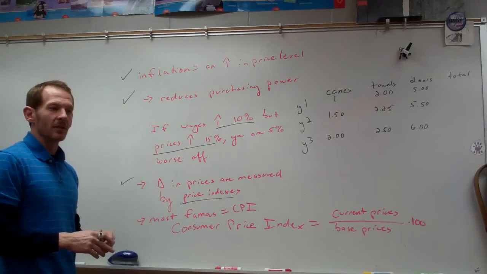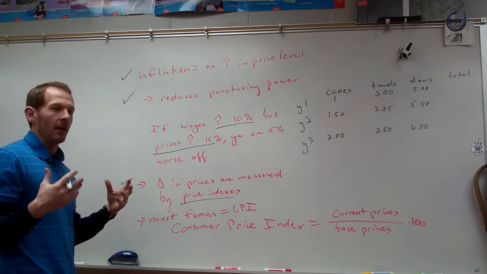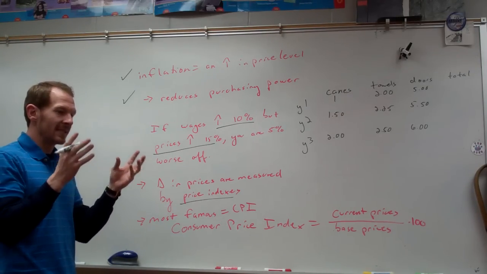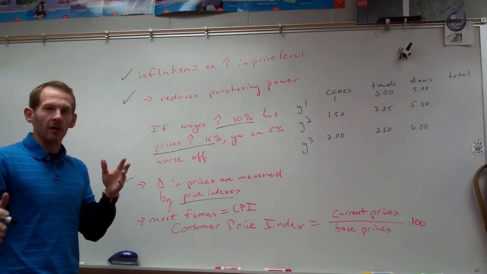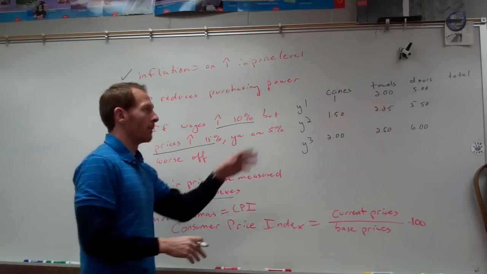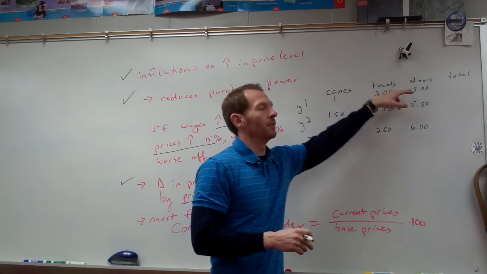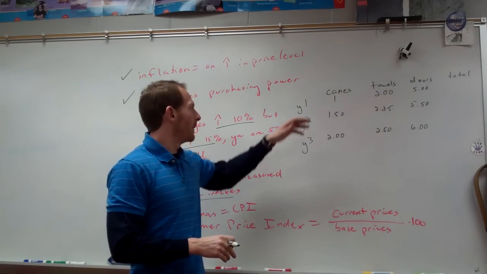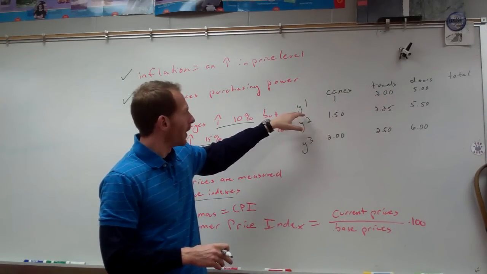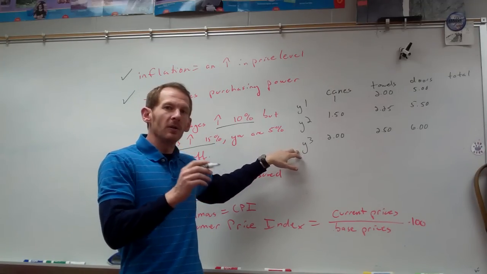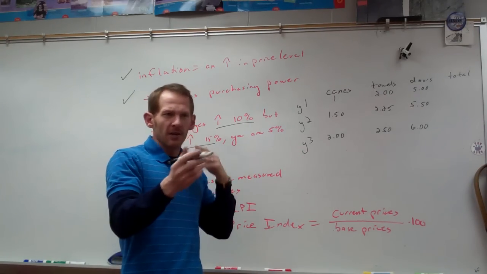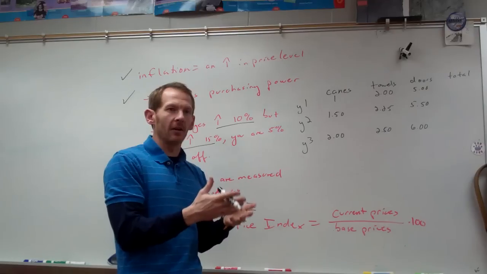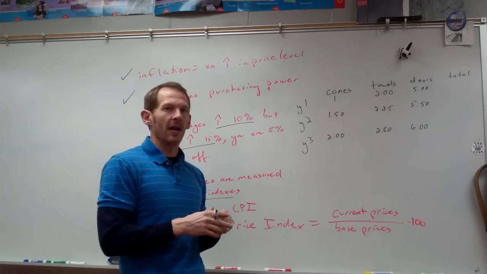And what we do is use a market basket of goods, one set of goods that is compared year after year after year. So in our example here, our market basket would be canes and towels and doors. And we would want to compare how the prices change from year 1 to year 2 to year 3. We always want to use the same products because if we use different products, then we're not going to get an accurate portrayal of how prices have changed.